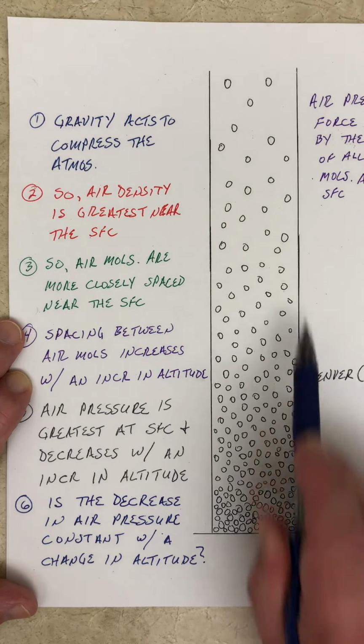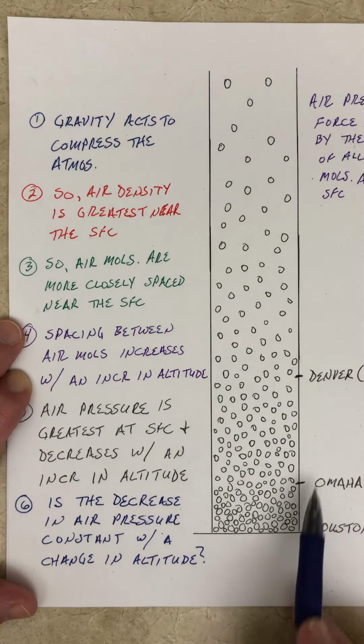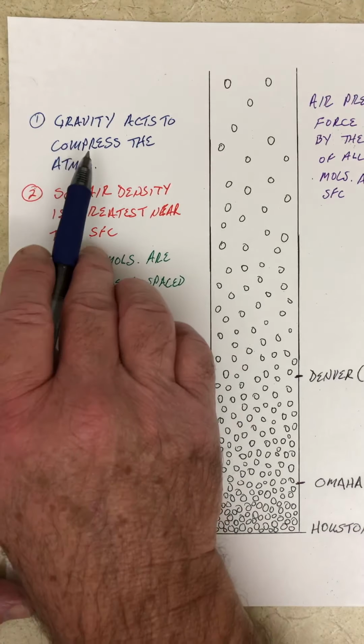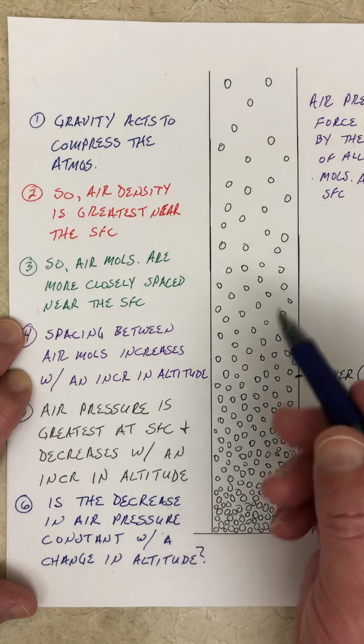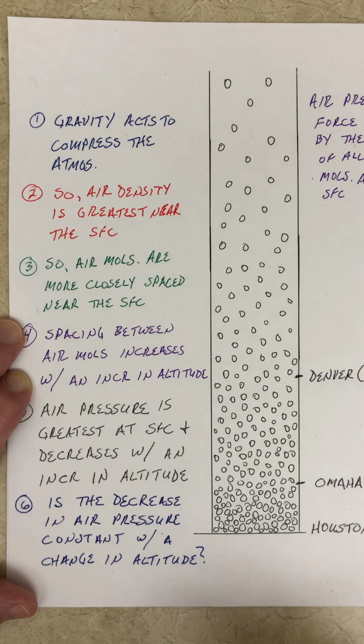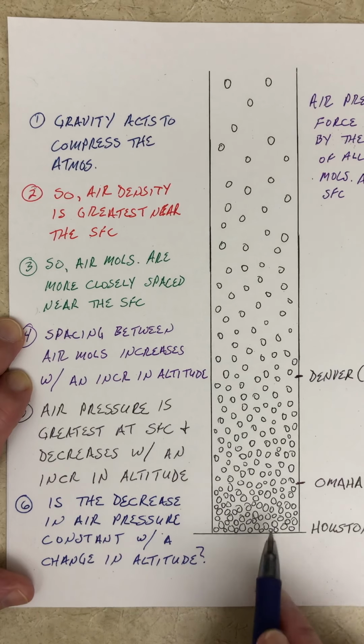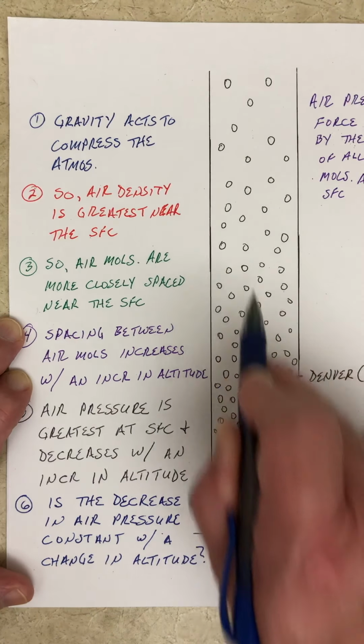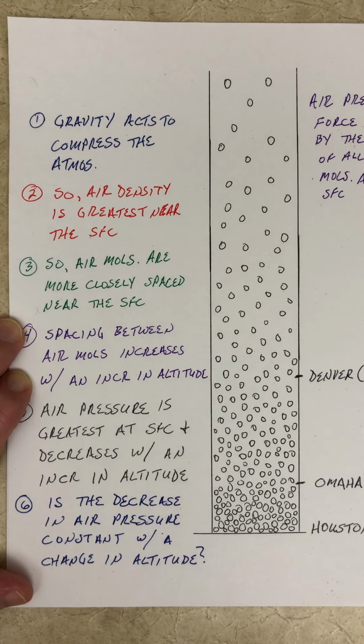But as you look at this figure, with gravity acting to compress the atmosphere, pulling those air molecules down so that the air molecules are not evenly distributed within this column of air, then the decrease in air pressure as you go up throughout this column of air is not going to be constant. Okay, that's what we'll take a look at next.